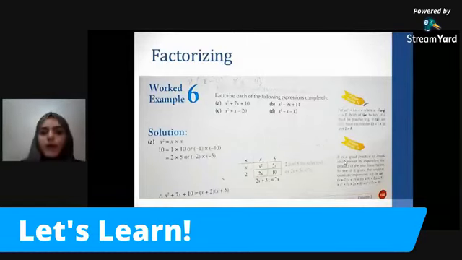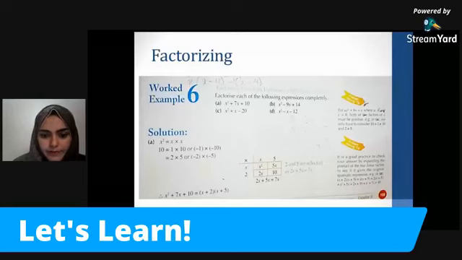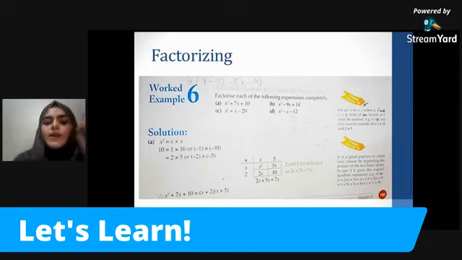Over here we are given an equation, that is x squared minus 9x plus 14.